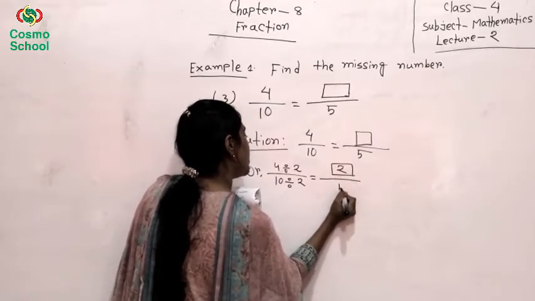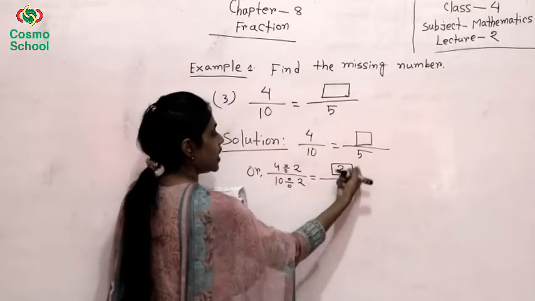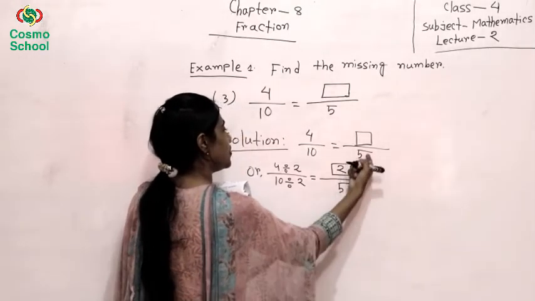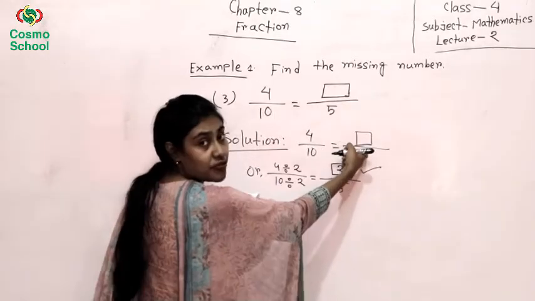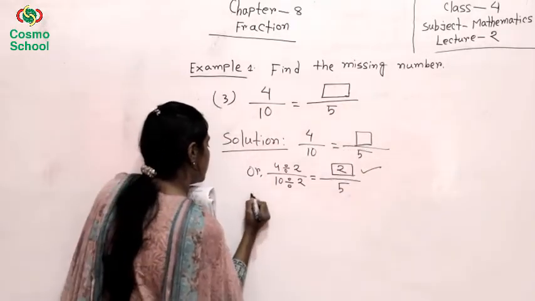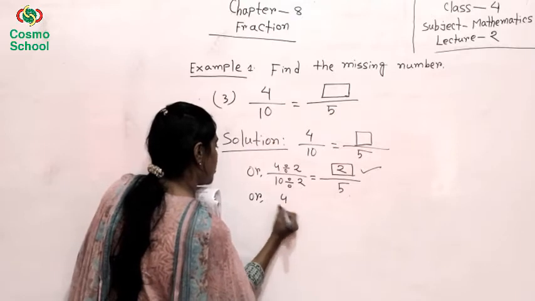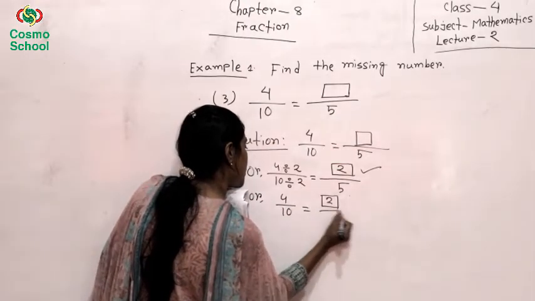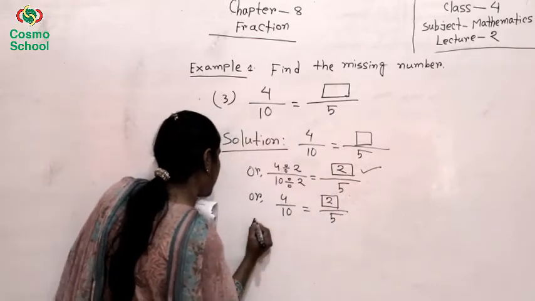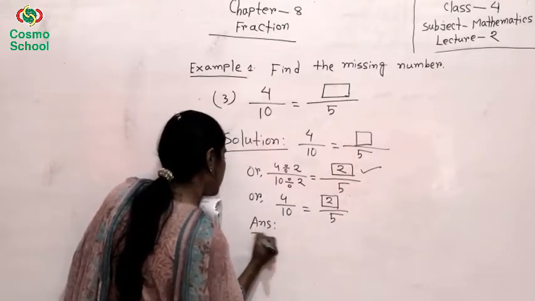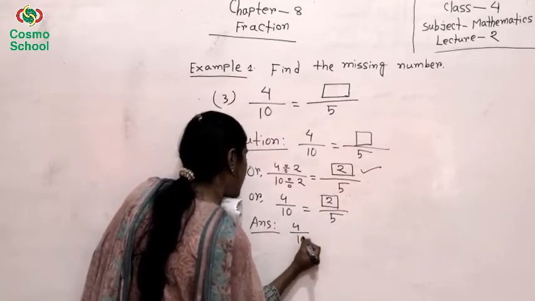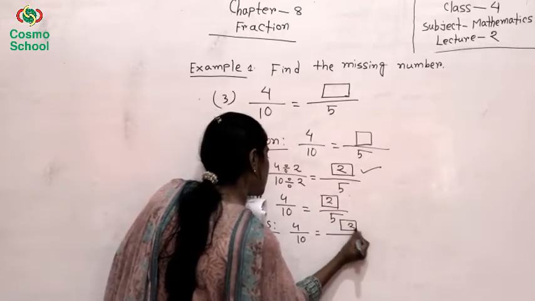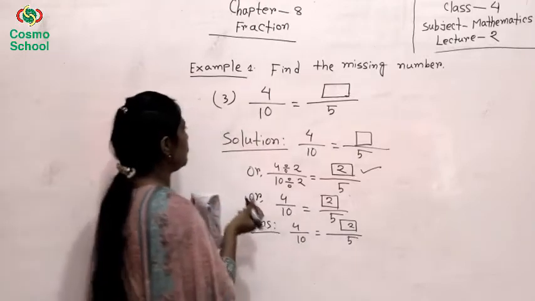Here is 2 as a numerator, that is the missing number, and the denominator is 5, which is similar to the given fraction number. The result is 2 divided by 5. Answer: 4 divided by 10 is 2 divided by 5.